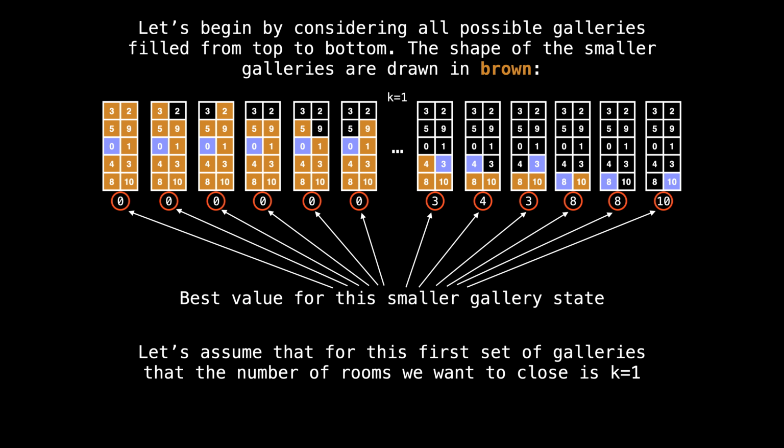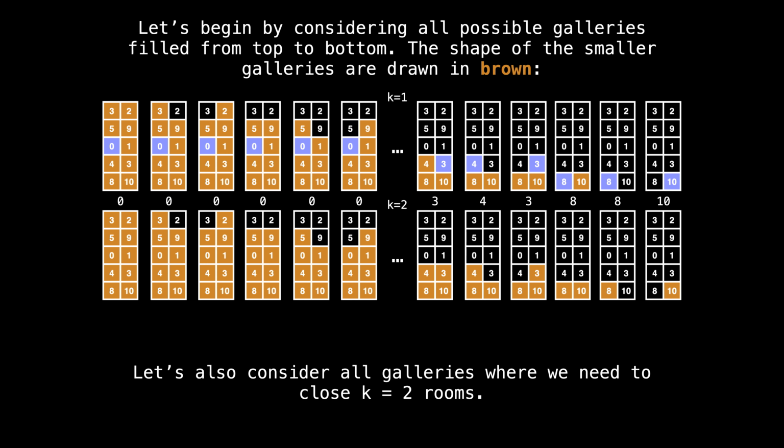If we assume that k equals 1, meaning we need to close off one room, then we can easily see what the best value for each smaller gallery is. In this slide, I highlighted the closed rooms for each state in purple and wrote the best value for each state below it. We can also take it one step further and consider all galleries where we need to close k equals 2 rooms.